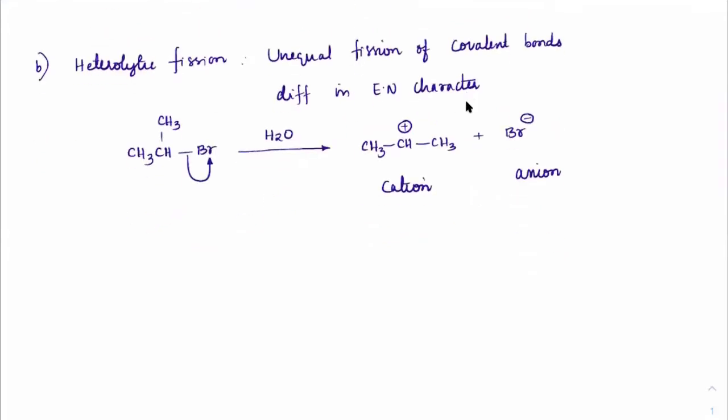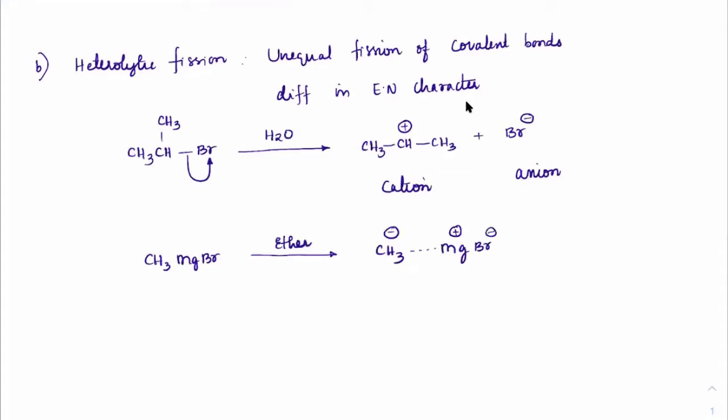We may have heterolytic fission forming an unequal distribution. Suppose you have CH3MgBr, got it? And we add that into any ether. In the ether form, this would mostly exist as CH3 minus and Mg plus and Br minus.